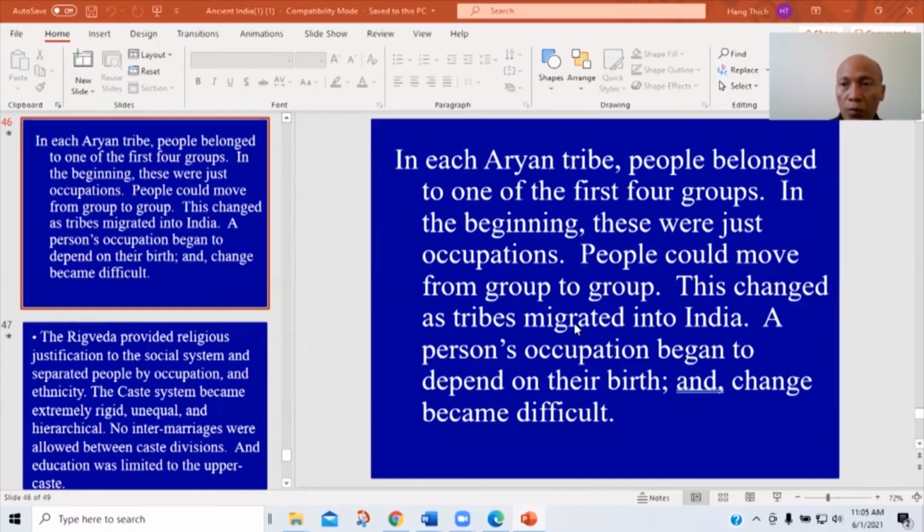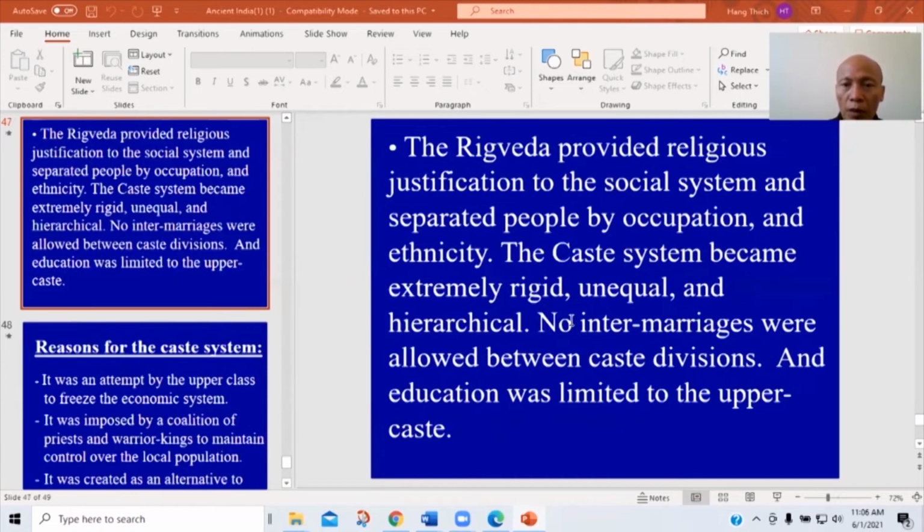So it's impossible for them to change. So again, the Vedas provide the religious justification to the social system to separate people by occupation and ethnicity.